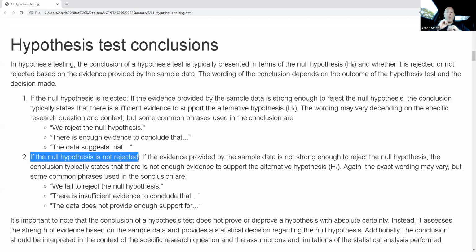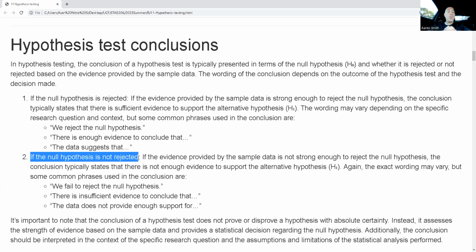Again, the exact wording may vary, but common phrases used in academic papers are, we fail to reject the null hypothesis. There is insufficient evidence to conclude that. The data does not provide enough support for.